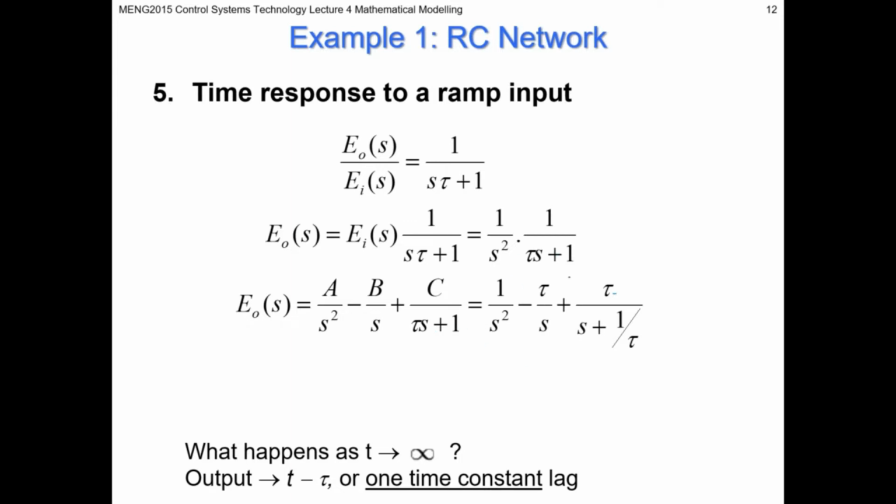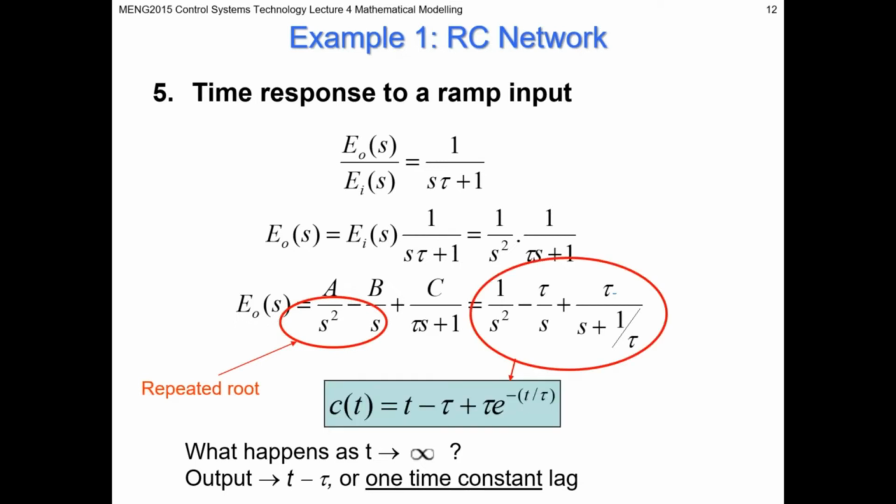And when we derive our values for a, b, and c, a is 1, b is tau, c is also tau. But now for c again, we divide top and bottom by tau. And so we end up with this equation for our output.